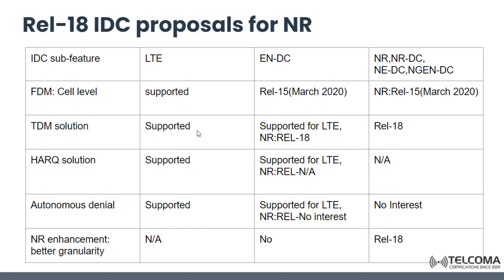TDM solution is supported for LTE and in Release 18. The hybrid automatic repeat request solution is supported for LTE, not applied in this. Autonomous denial is supported for LTE and there is no interest for this. NR enhancement, that means better granularity, is not applied, and Release 18 has the feature.